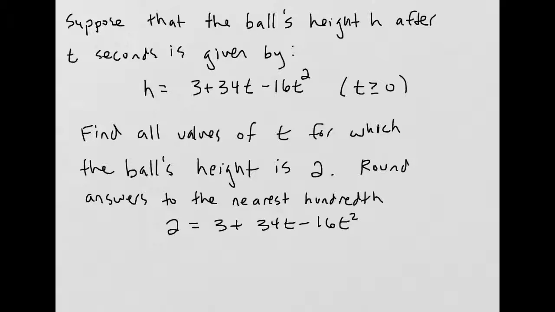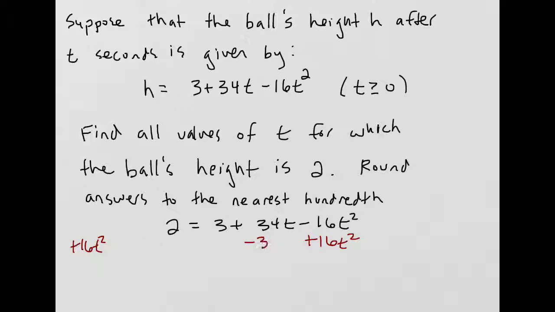And then again, this is a quadratic equation, so I'm going to set it up for using the quadratic formula. So in order to prepare it, I need to move all my terms over to one side. And you'll notice that my squared term is negative, so I'm going to basically move all the terms from the right over to the left again. So I'm going to add 16t squared to both sides.